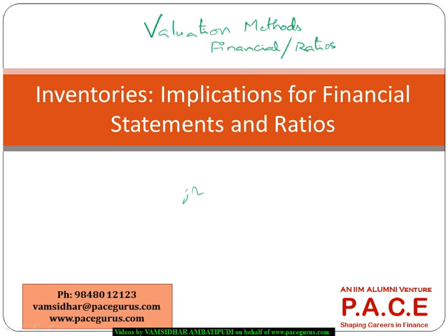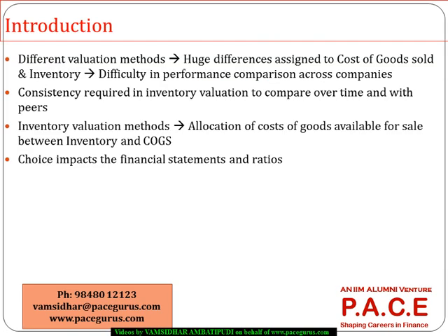What should an analyst be considering while valuing inventories, or while looking at the financial statement from the perspective of inventories? Now, as we all know, inventories have different valuation mechanisms, right?